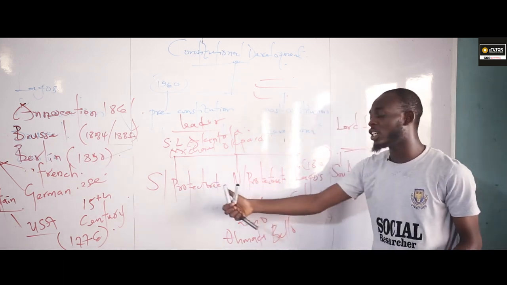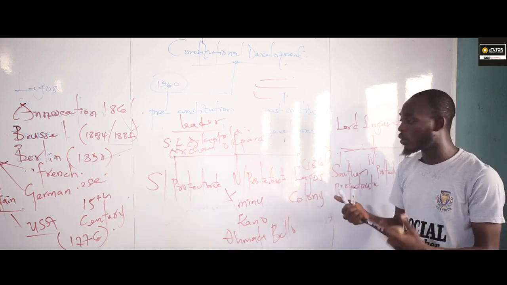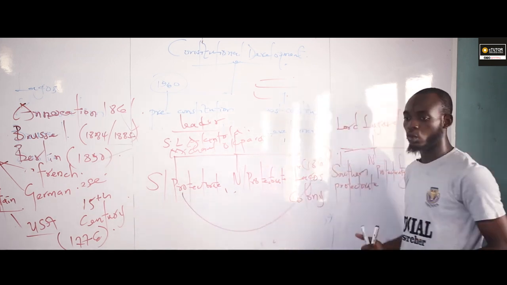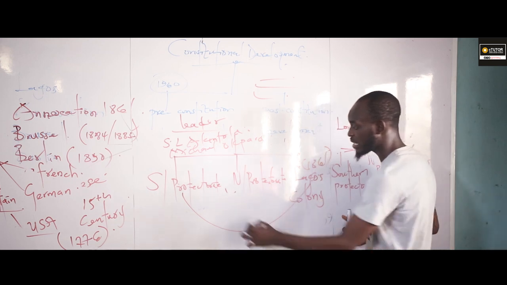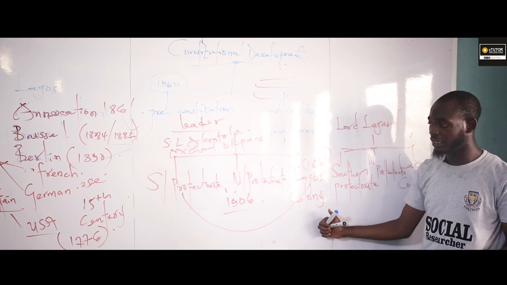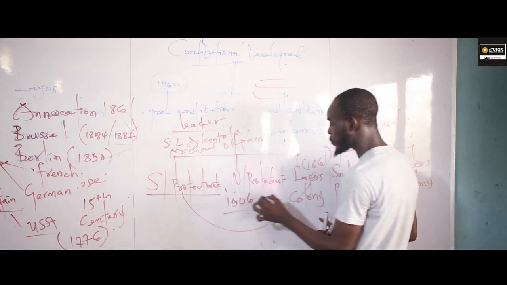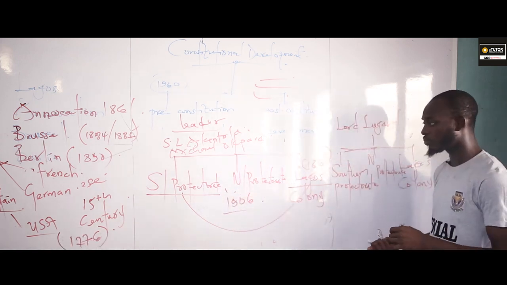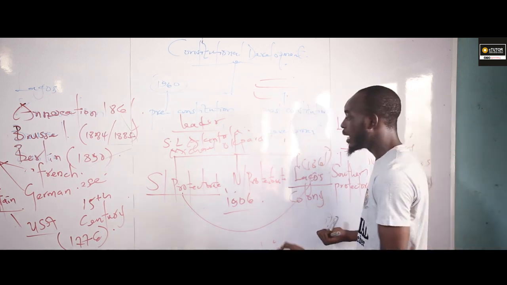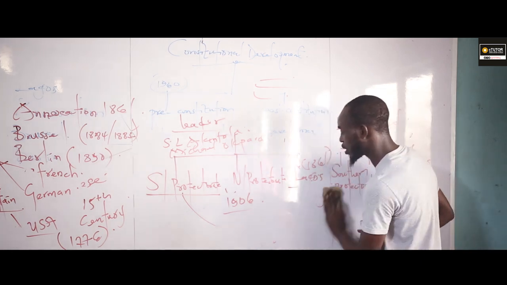So based on that, after he subdivided Nigeria into the Southern Protectorate, Northern Protectorate, and Lagos Colony, for administrative convenience he combined the Southern Protectorate and Lagos Colony together in 1906. Don't forget, it is very, very important.